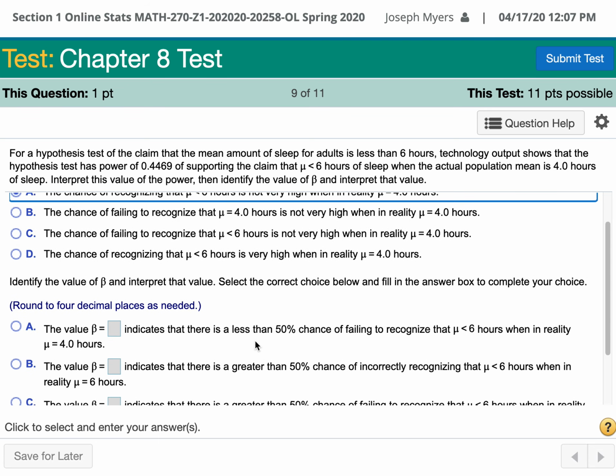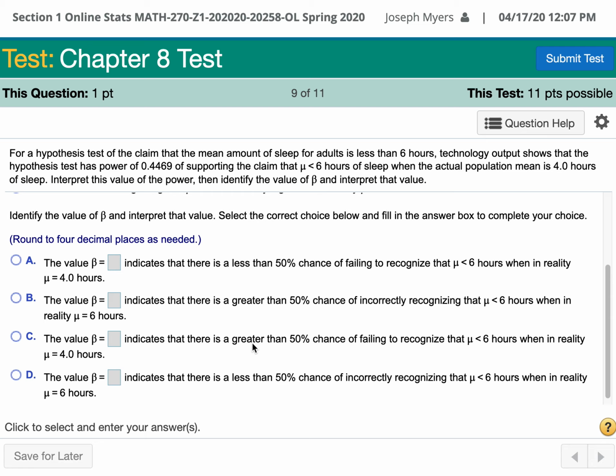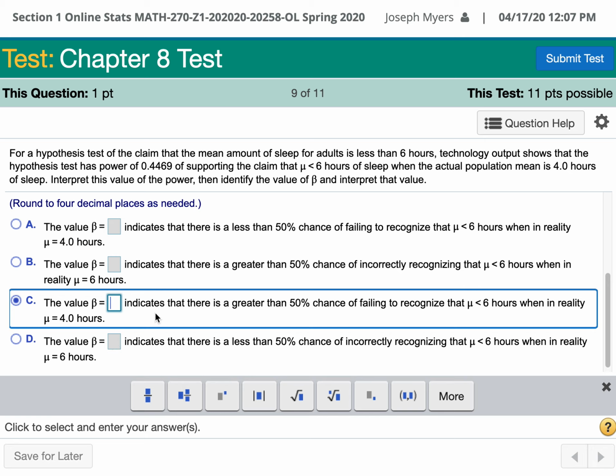So the value of beta equals, so it's got to be either B or C.